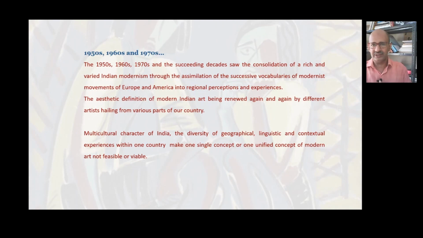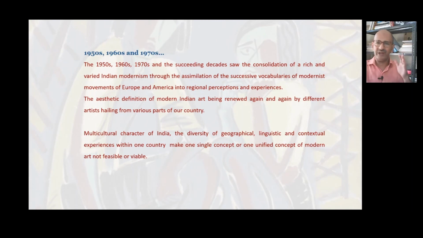So the way an artist from Bombay, let us say, in the 1950s and 60s would be looking at the definition of modern art, it's highly possible that it would be very different from the way the new Madras artists from the 1940s and 50s would be looking at it.